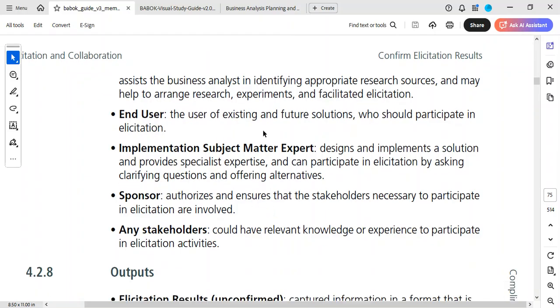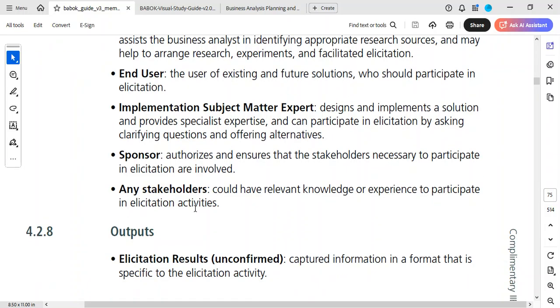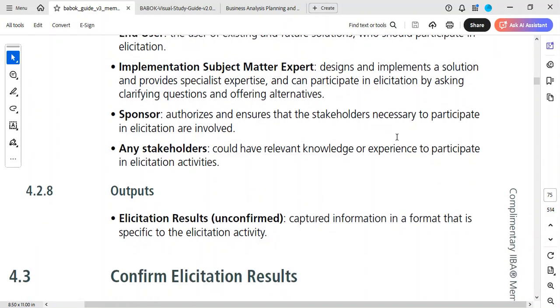End user, the user of existing and future solutions who should participate in elicitation. Implementation subject matter expert designs and implements a solution and provides specialist expertise and can participate in elicitation by asking clarifying questions and offering alternatives. Sponsor authorizes and ensures that the stakeholders necessary to participate in elicitation are involved. Any stakeholders could have relevant knowledge or experience to participate in elicitation activity.